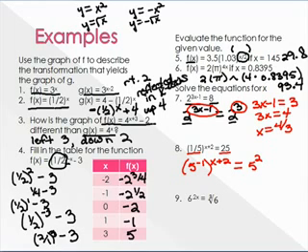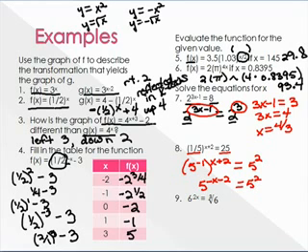Okay, over on the left side, though, it's a power to a power, so we keep the base the same, and we simply multiply the exponents. So we need to take negative 1 times the quantity x plus 2. Well, that'll give us negative x minus 2. Right? You're distributing that negative 1 to both of those values. Now notice I have powers on both sides with the same base.